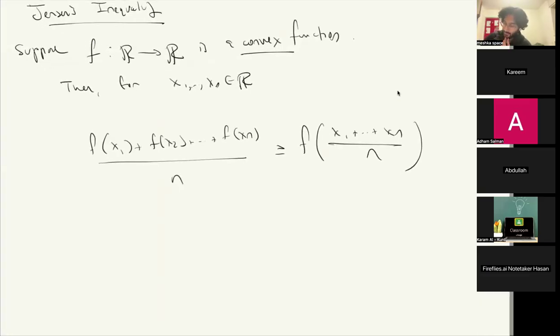So what it's saying here is the average value of the f's is greater than or equal to f of the average value, if f is a convex function.